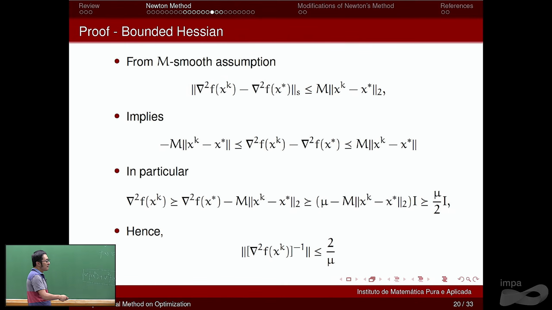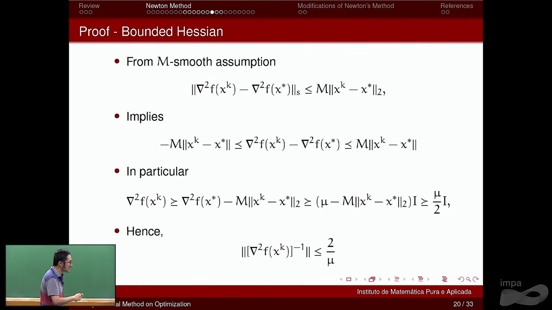Okay, so we have a lower bound of the Hessian. Here is the inverse. We know the Hessian of f at xk has a lower bound, which is mu over 2, which means the minimum eigenvalue is mu over 2.